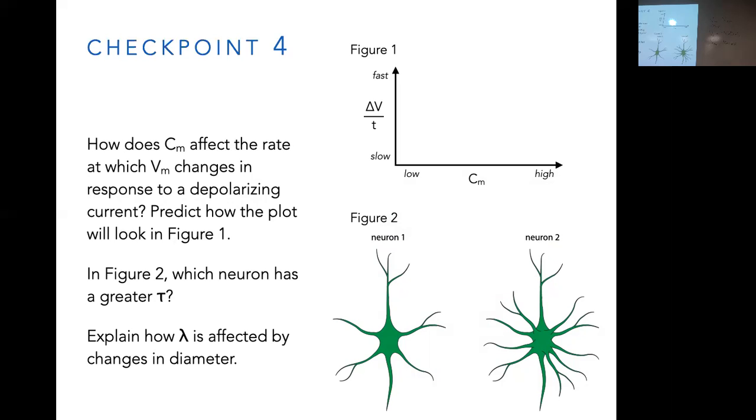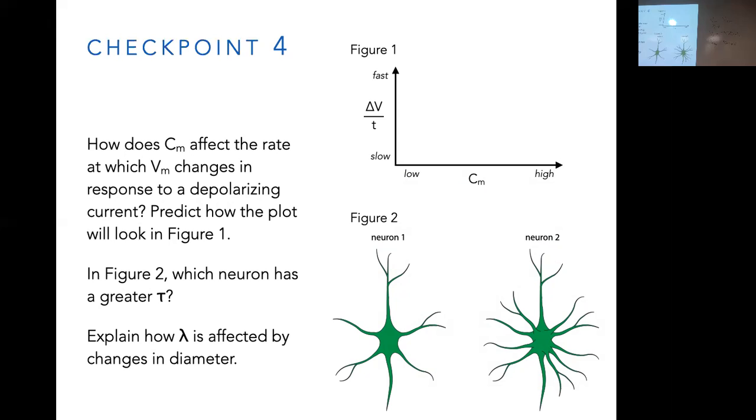So what I want you to try to imagine is, what is this going to look like? Just roughly. I don't have any units here. I want a general idea. If we're going from low to high capacitance, is that going to increase or decrease the rate of potential change? The decreases have it.